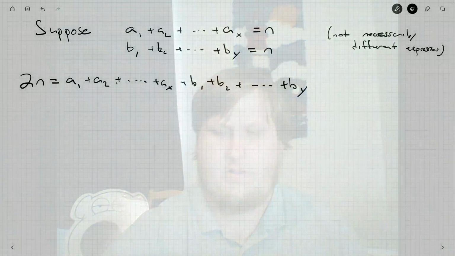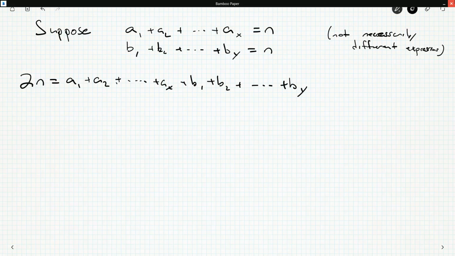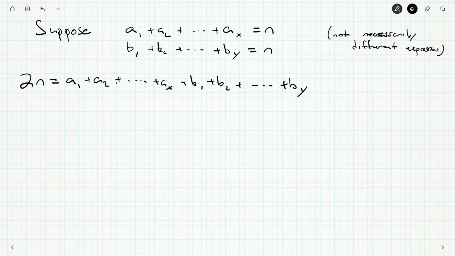I'll show you what I mean. I'm going to go on a hunt to see if I can find one of these. But yeah, as soon as I have something like 1 plus 1 plus 1 plus 3, and then 1 plus 1 plus 1 plus 3, these are both expressions for 6, and therefore expressions for 12, but this is not the only way to do 12.